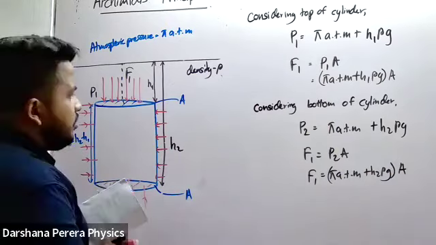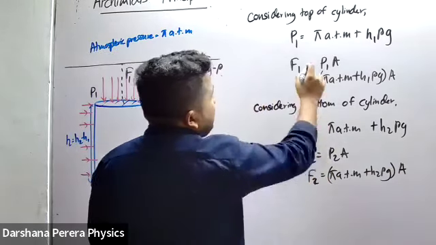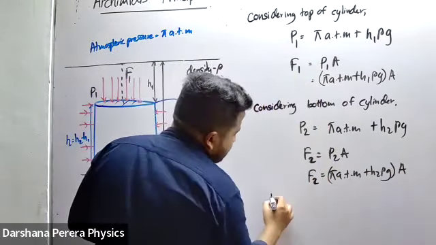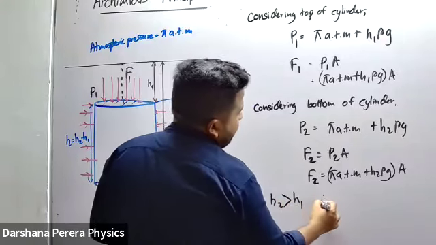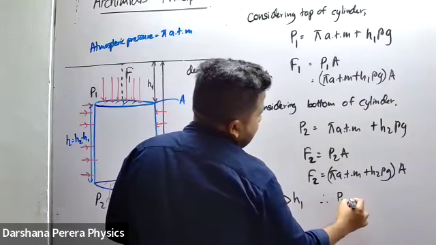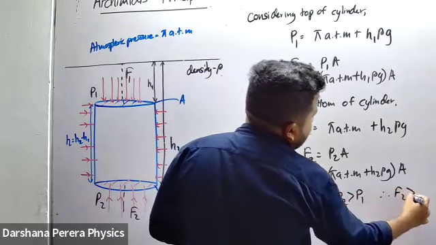Therefore, we know, sorry, F2. H2 is greater than H1. Therefore, P2 is greater than P1. Therefore, F2 is greater than F1.